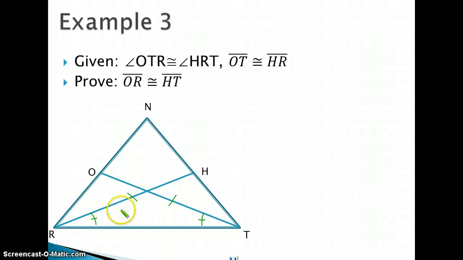So if I marked off angle OTR, sometimes marking off the angle gets you really good results really quickly, and you can very easily see which triangles are going to be congruent.